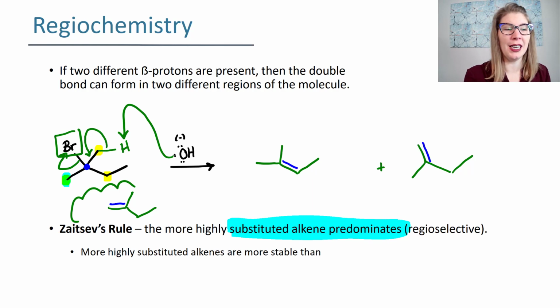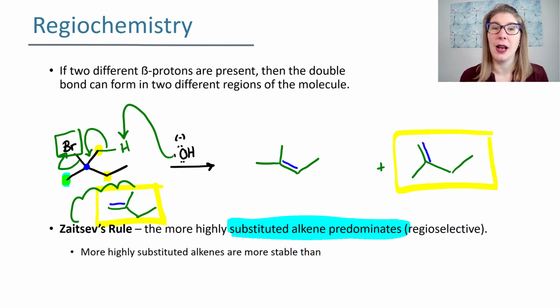And what I want you to recognize is this compound and this compound are the same compound. If you're feeling uncomfortable still with the material about stereochemistry, where you tried to look at two molecules and decide, are they cis-trans isomers? Are they not isomeric? Are they enantiomers? Are they diastereomers? Then name them. If they have the same name, they're the same compound. And these are the same compound. So here are my two products at the end.